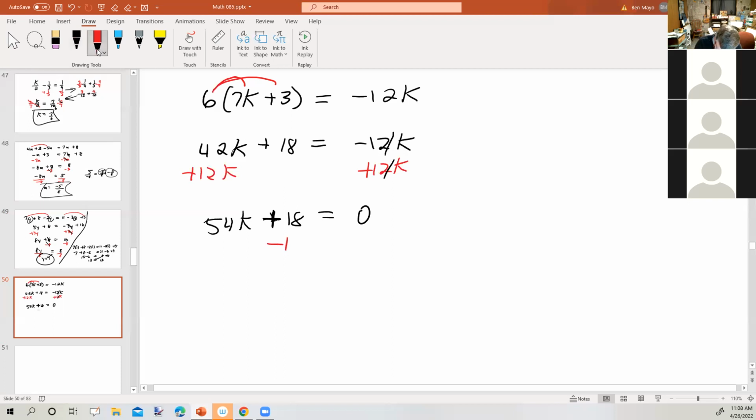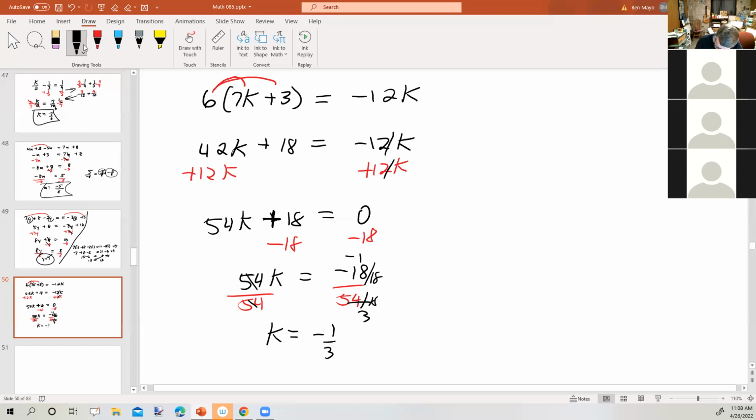So my next move is to subtract 18 from both sides of the equation. So now I've got the variable term on one side of the equation and the constant term on the other. I'm going to divide both sides by the coefficient of k. K equals, I can divide the top and the bottom by 18, and I get negative 1/3. And there we have that. Any questions about that problem?